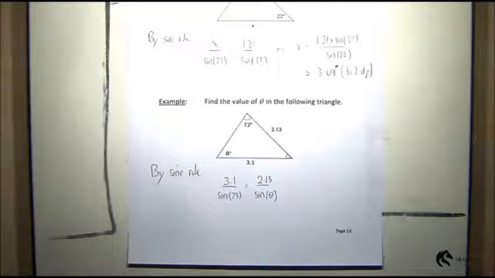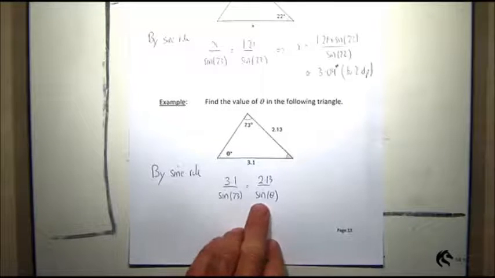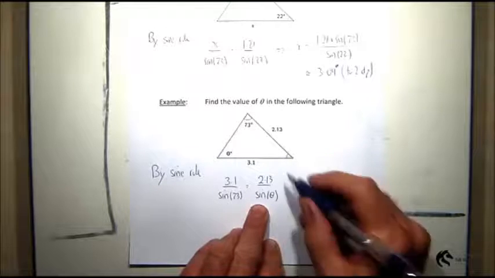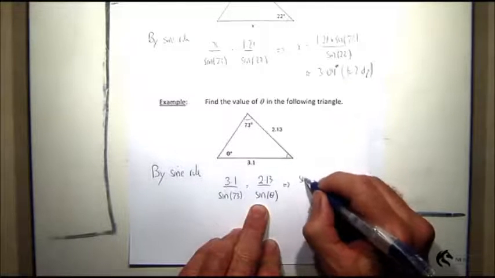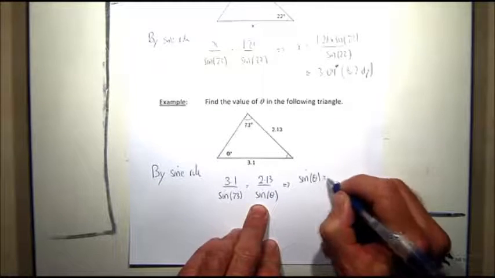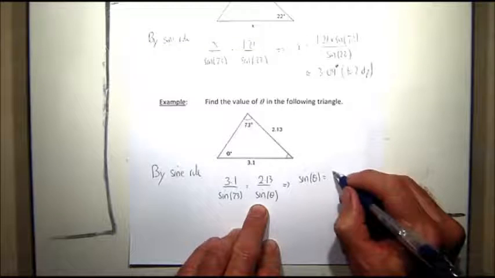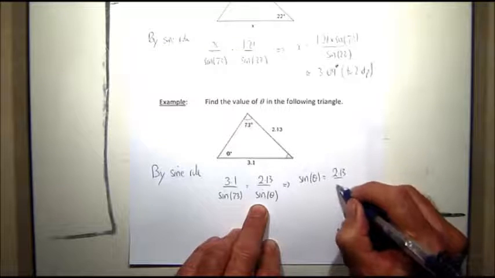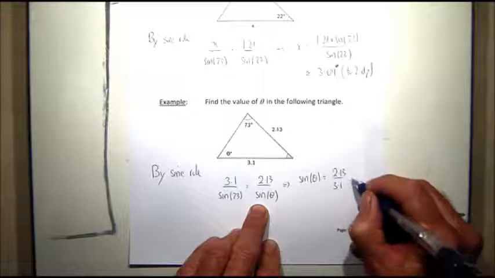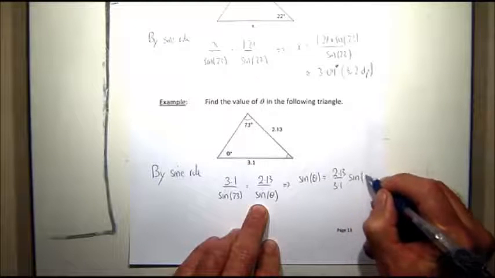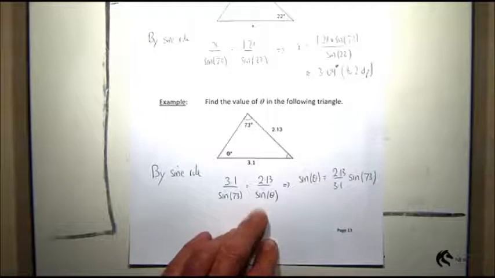From here, just make sine theta the subject. So this tells me that the sine of theta will be 2.13 divided by 3.1 times the sine of 73.